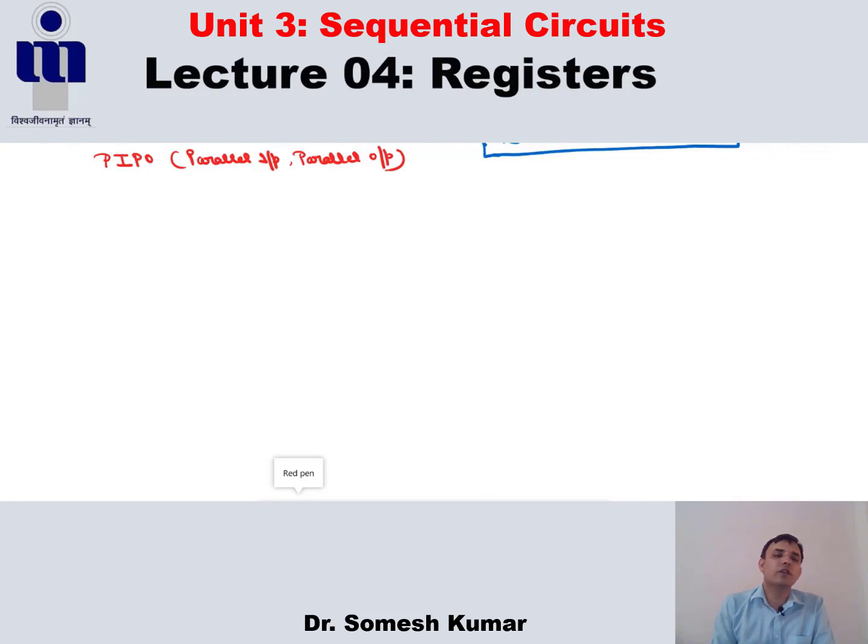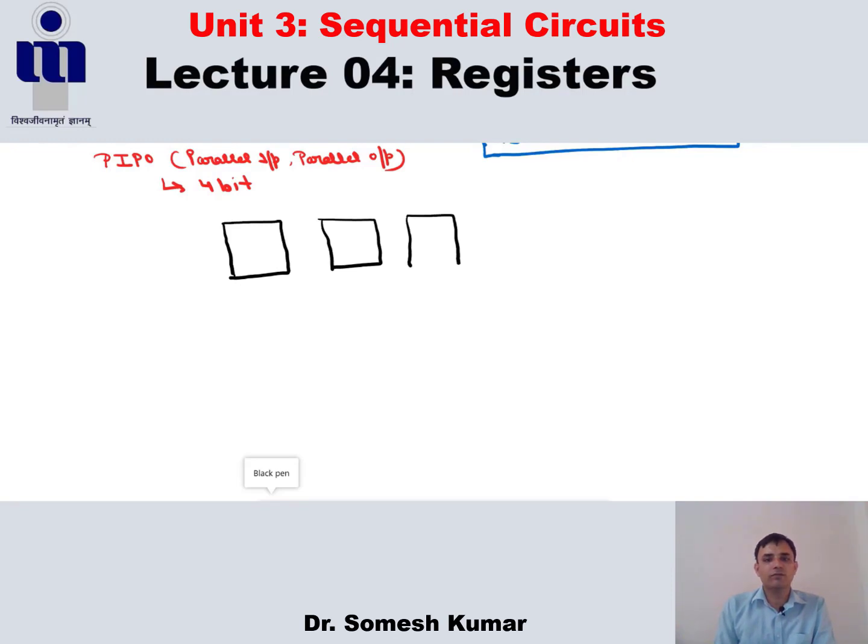Similar to SISO and SIPO, we are studying this 4-bit PIPO. 4-bit PIPO means 4 D flip-flops are used here for this register. This is our first flip-flop, this is the second, this is the third, and this is the fourth flip-flop. Here the input is given in parallel.